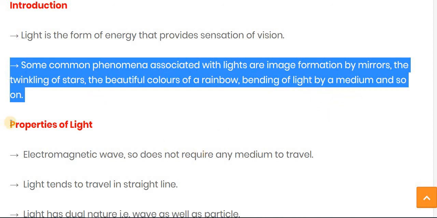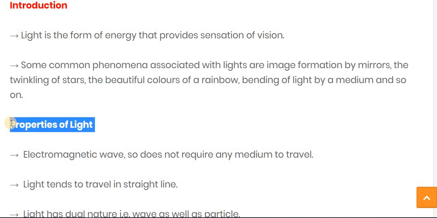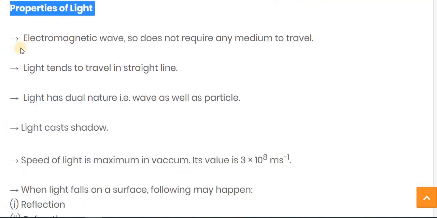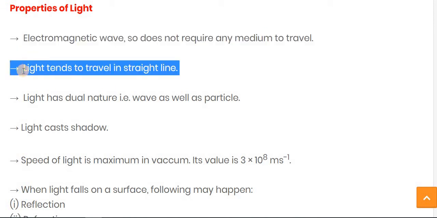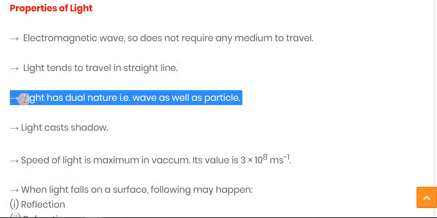Now let's move further and revise the properties of light. As we discussed, light is an electromagnetic wave, so it does not require any medium for propagation, or you can say travel. Light tends to travel in a straight line only. It cannot be bent. Light has dual nature, for example, it is found as a wave as well as having particle nature.